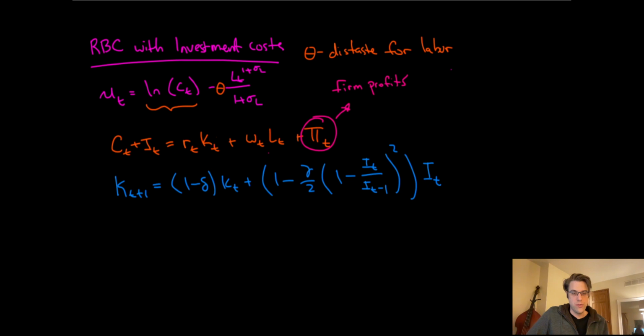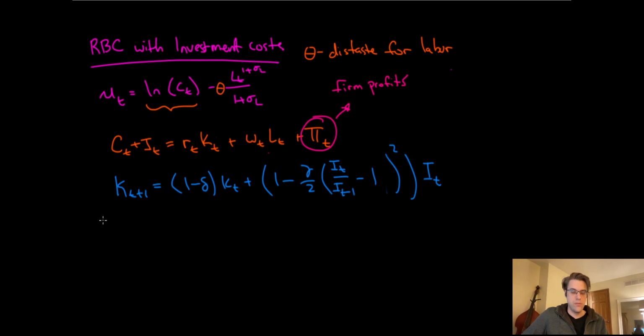And I apologize, I wrote this backwards. So I guess it doesn't matter because it's a square. I'll just leave it like that. In my notes, I had it written like this, I_t over I_{t-1} minus 1. But because we're squaring it, it doesn't matter the order that you put them in, right? It's a symmetric function. But I'll write it correctly to match my notes. So I_t over I_{t-1} minus 1. Okay.